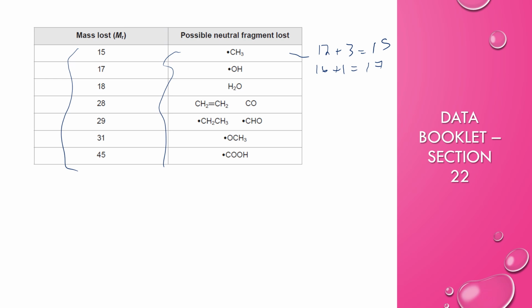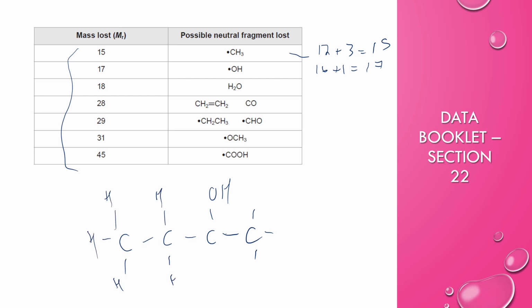Right? So let's say I've got a molecule like, I'll draw the structure. This is a really simple alcohol. This would be butanol. It's likely to split into fragments like this.